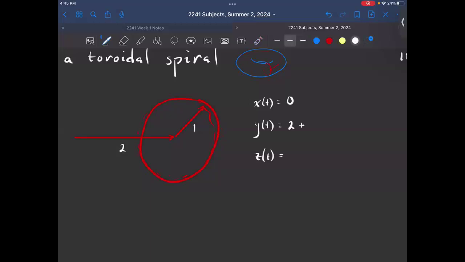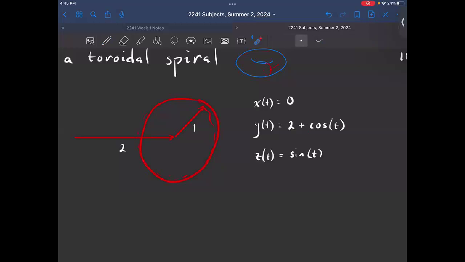So we want our vector 2 plus, let's say, the cosine of t. So this is acting like our x coordinate in the xy plane now. And then in our z coordinate, we're going to have sine of t. All right, and that's to go around that.